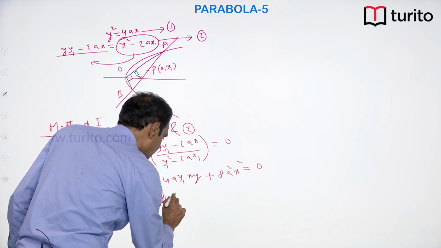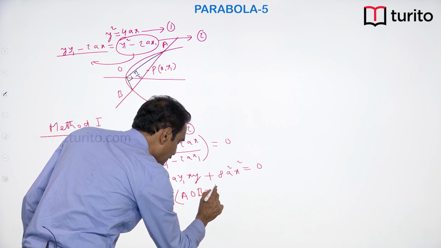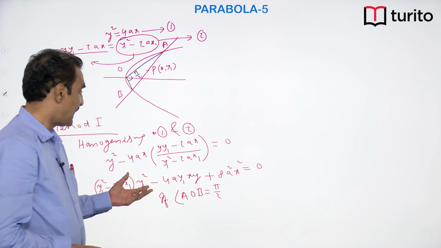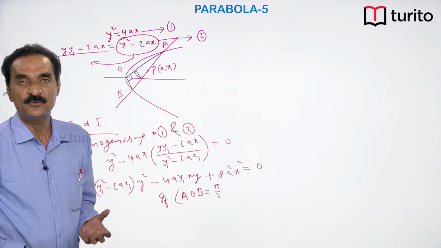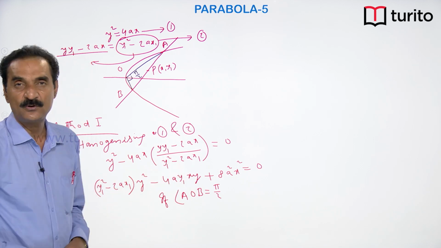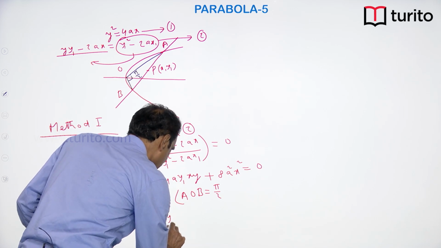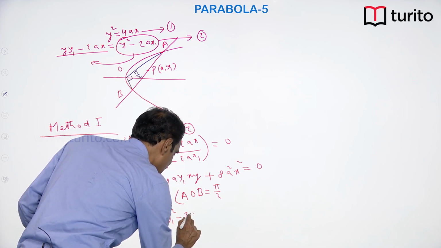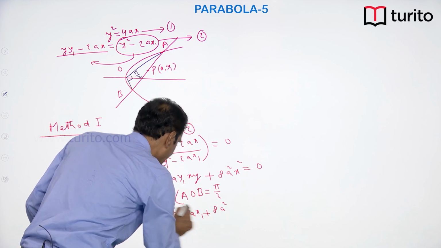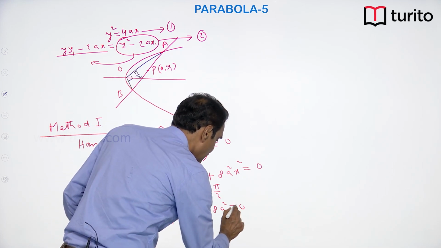If angle AOB is equal to pi by 2, then if the angle between pair of lines is pi by 2, all of you are aware of the condition, x square coefficient plus y square coefficient is 0. So, y1 square minus 2ax1 plus 8a square, coefficient of y square plus coefficient of x square should be 0.